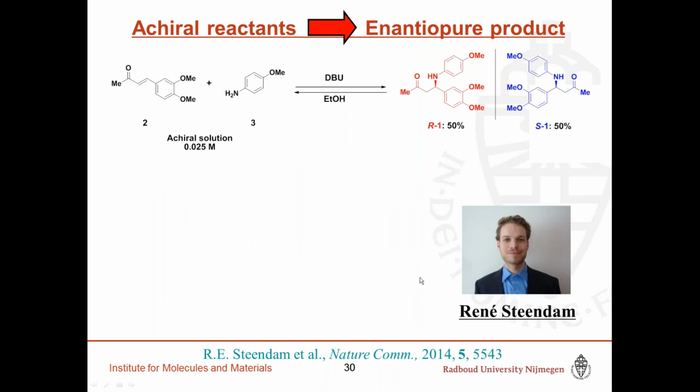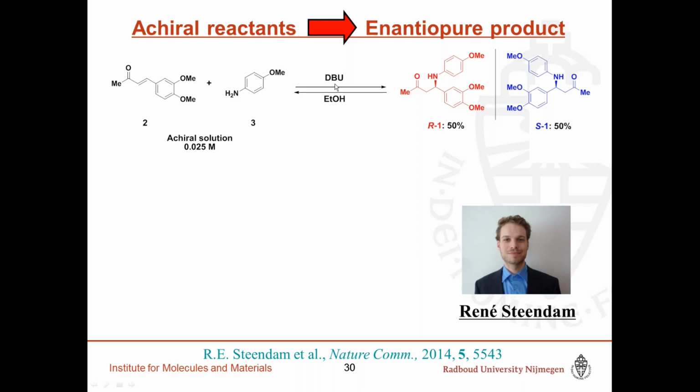But we went on, and this is René Steendam, another PhD student in our group in those days, and he used a real reaction starting from achiral reactants, these two, towards an enantiopure product, and that is, in this case, the racemic chiral composition of this chiral molecule in a 50-50% ratio.